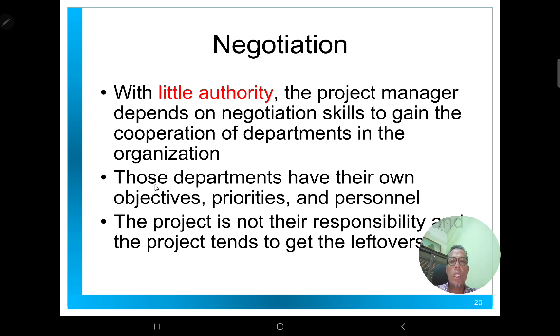So of course, each departments or each team members have their own objective, priorities, and as well as personal problems. So you should be able to negotiate some of the personal issues faced by the human resource in order to smooth all the process that's needed for the project.